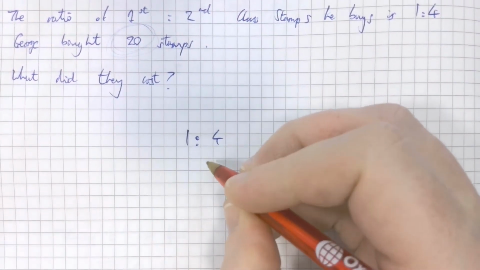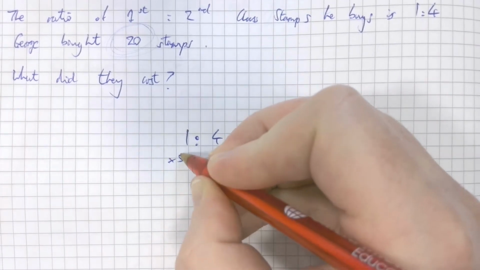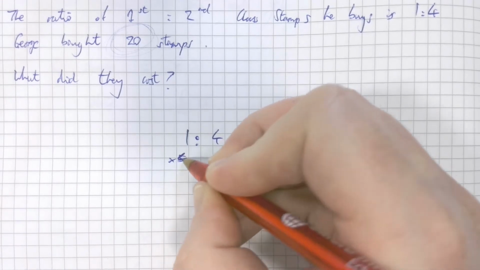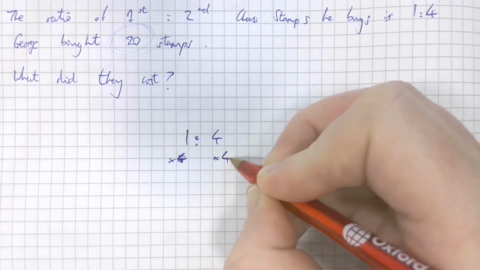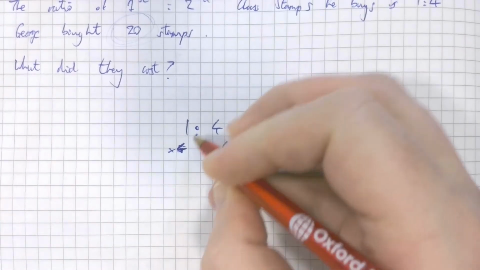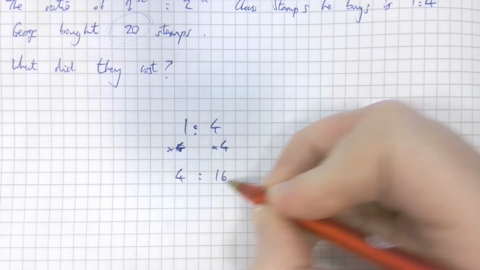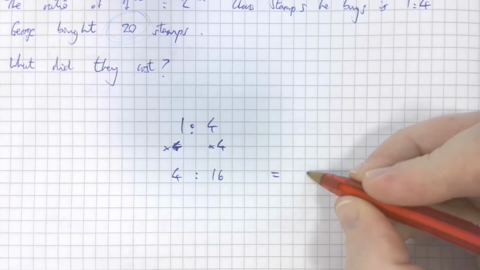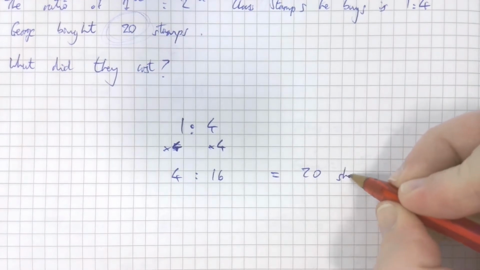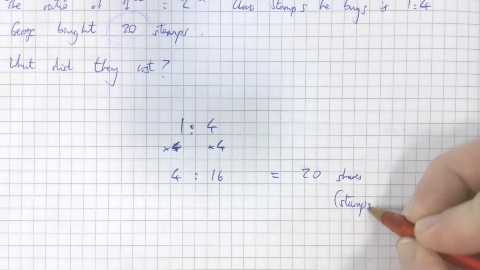Hopefully you should be able to tell me that if you times each of these numbers by 4, easy to make mistakes as you can see, 1 times 4 makes 4, 4 times 4 makes 16, and then if we sum these 2 parts together we get 20 shares in total, or in other words 20 stamps.